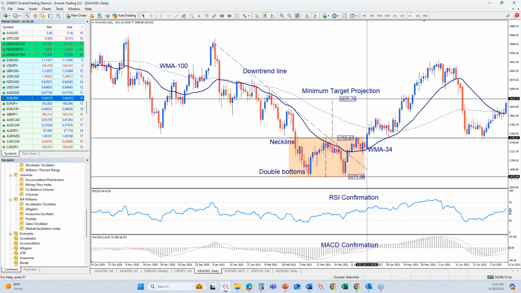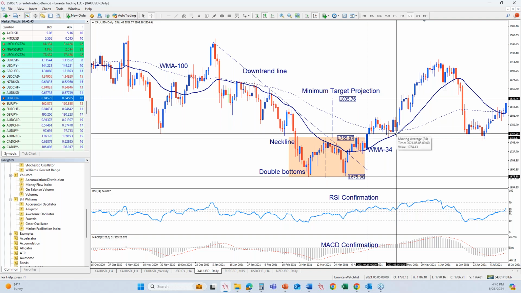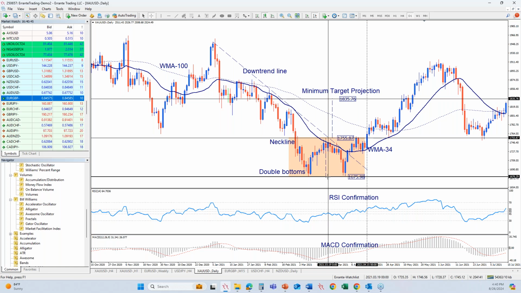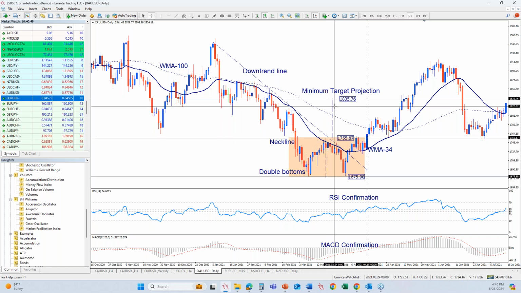So for the target projection, again, the chart shows the minimum target projection, which is the target price calculated based on the double bottom pattern. This target is determined by measuring the height from the neckline to the troughs, or let's say the market bottoms, and projecting that distance upward from the neckline breakout point.